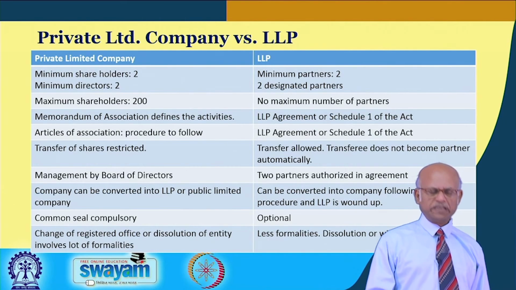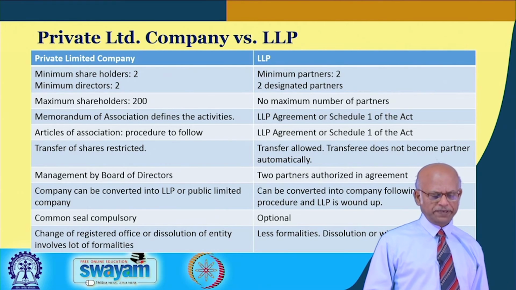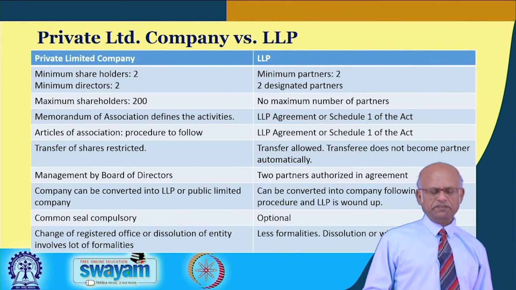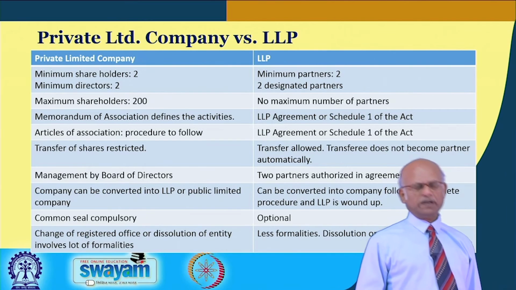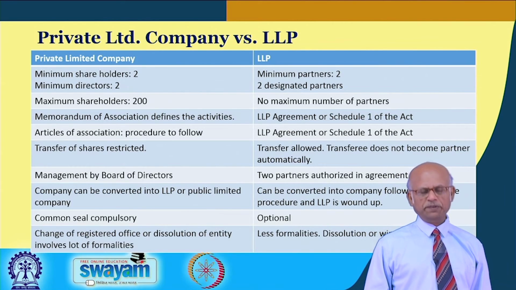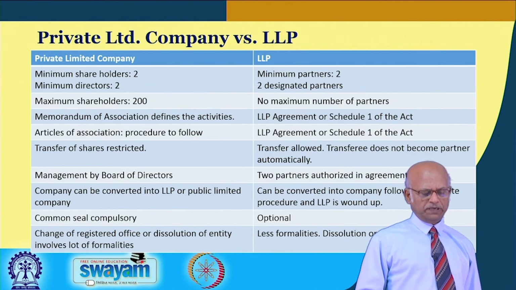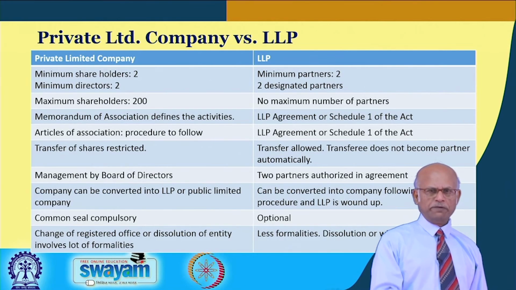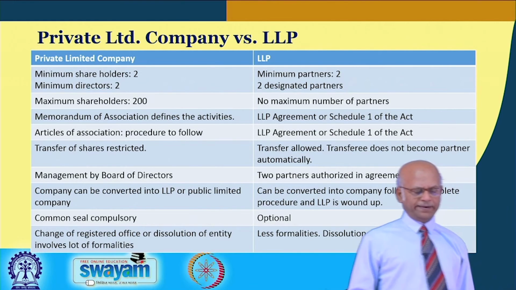Then maximum shareholders is 200, whereas in LLP there is no maximum limit. Then the activities are defined in private limited companies through the memorandum and articles of association, whereas in LLP they have a declaration in schedule 1 of the act. Similarly, the procedures followed by private limited companies are held in articles of association. The same thing is in schedule 1 of the LLP act.